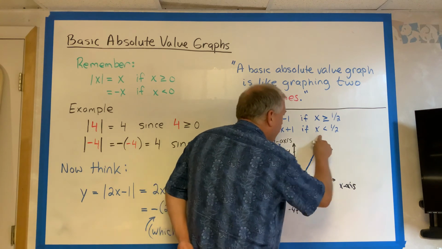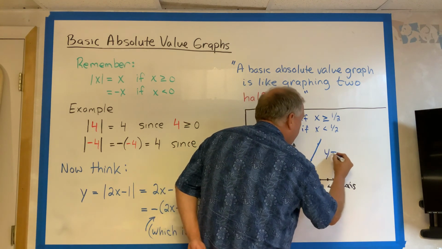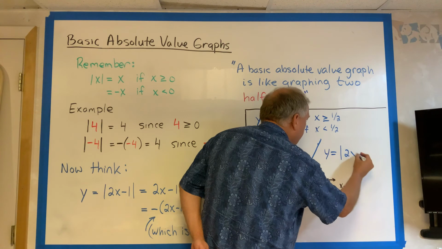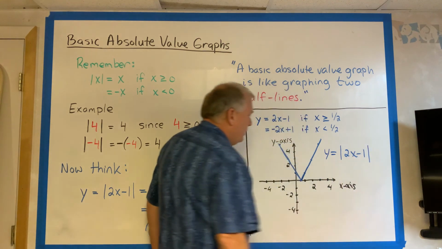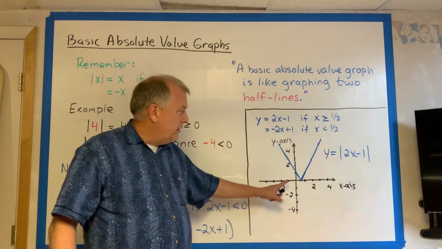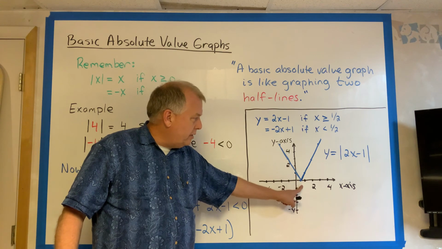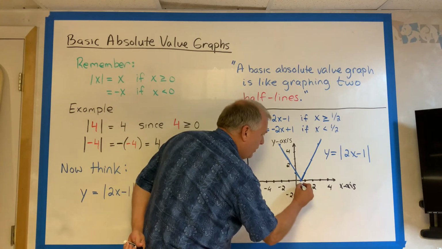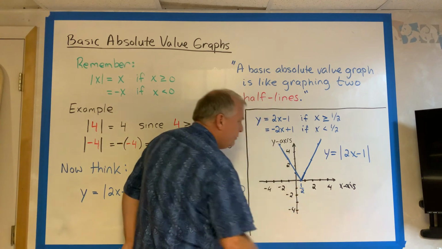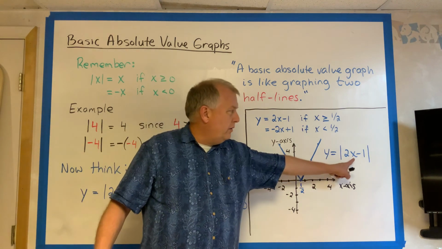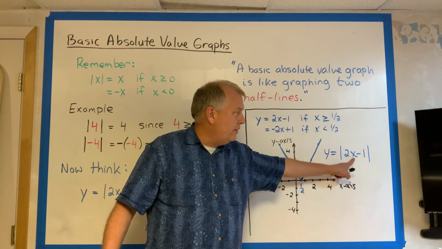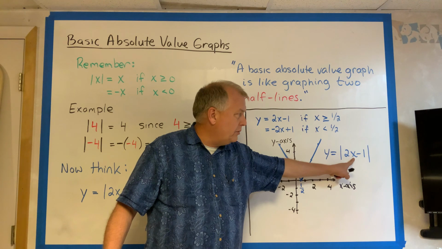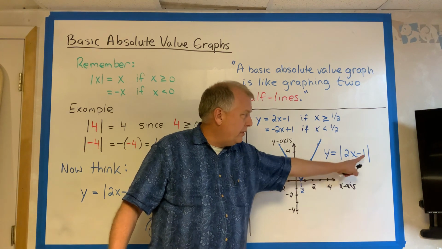And this is the graph of y equals the absolute value of 2x minus 1. It's kind of like a V, and it's symmetrically placed about this point right here, x equals 1/2, where the line 2x minus 1 is equal to 0, and the absolute value of 0 is 0.